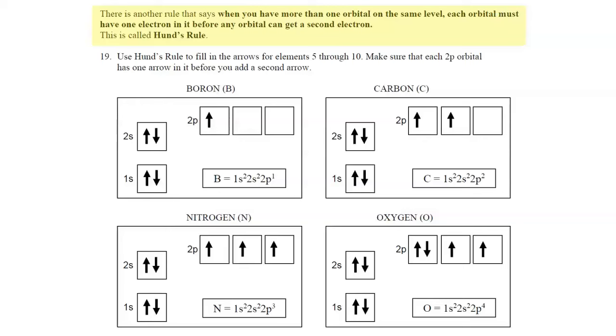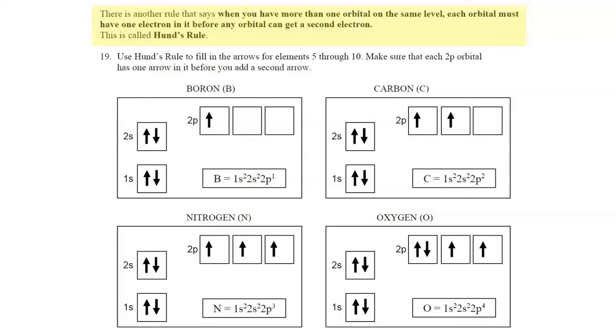And Hund's rule says that when you have more than one orbital on the same level, for example, with P or D, there's multiple orbitals on the same energy level. As you can see in 2p, there's 3 different boxes that represent 3 different 2p orbitals. So the rule is that each orbital must have 1 electron in it before any orbital can get a second electron.